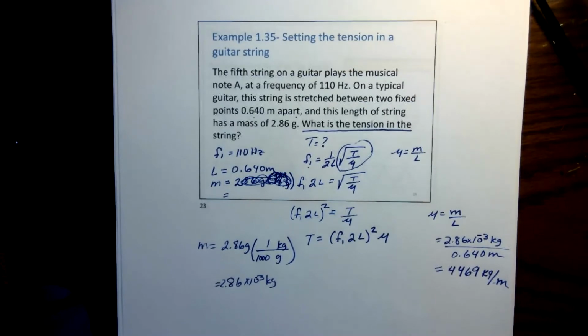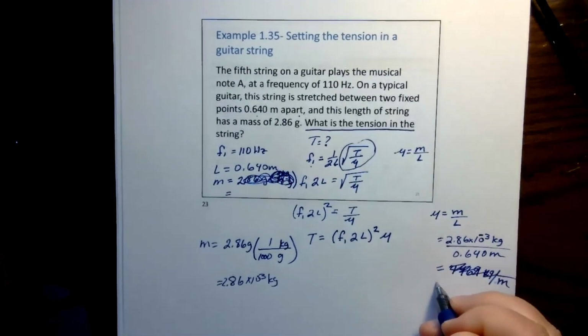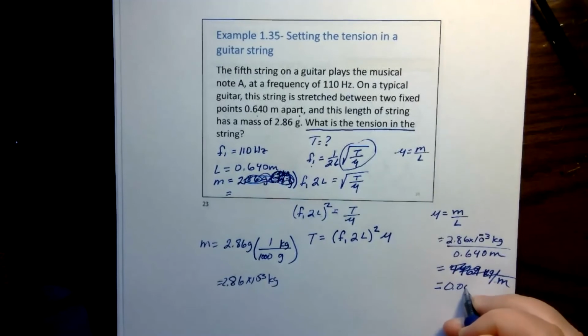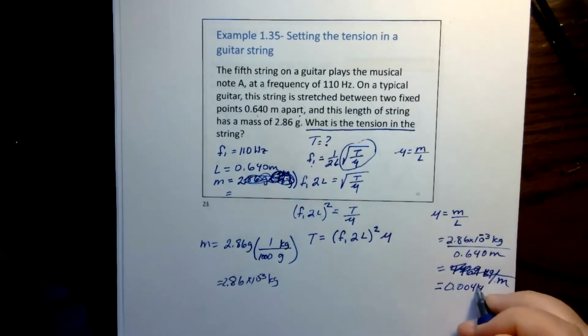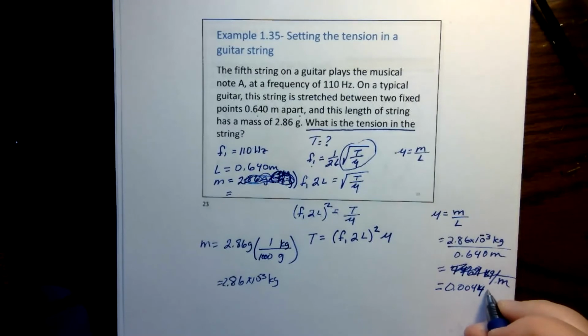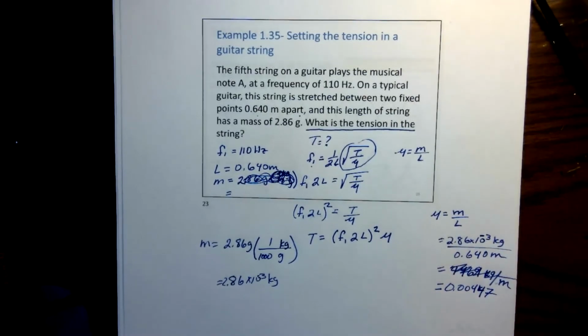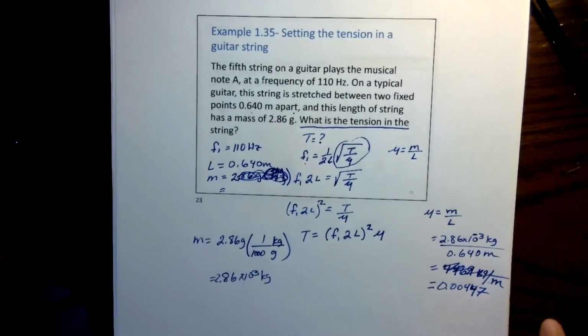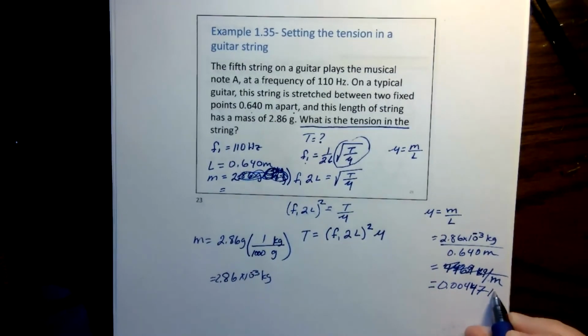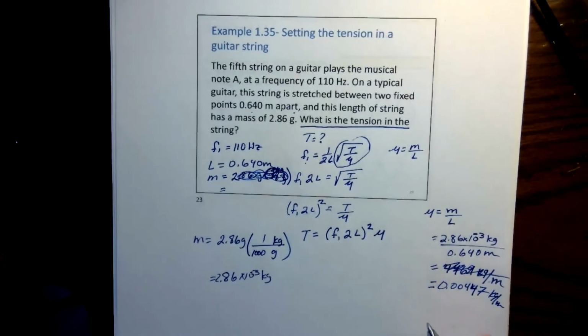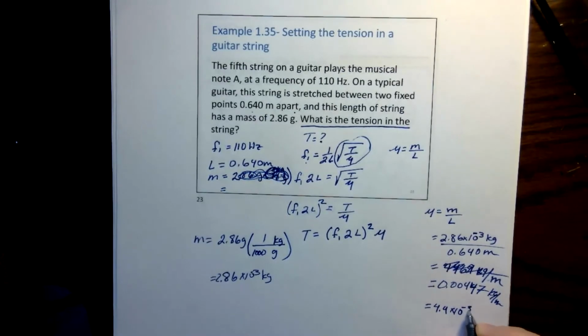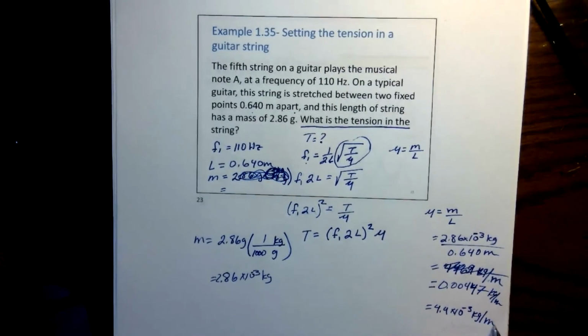That number sounded really huge. It should be a very small number. That looks better, still kilograms per meter. We can write this in scientific notation as 4.4 times 10 to the negative 3 kilograms per meter.